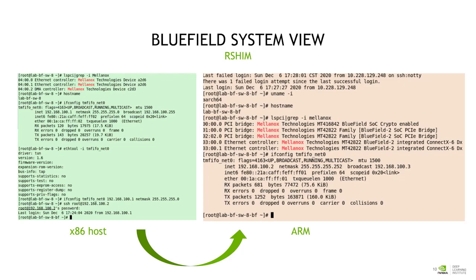Notice that on the BlueField card side, we also have a tmfifo_net0 interface. On the DPU, RShim comes pre-packaged and pre-configured with an IP address and allows for IP reachability into the BlueField from the host out of band from the physical network devices.